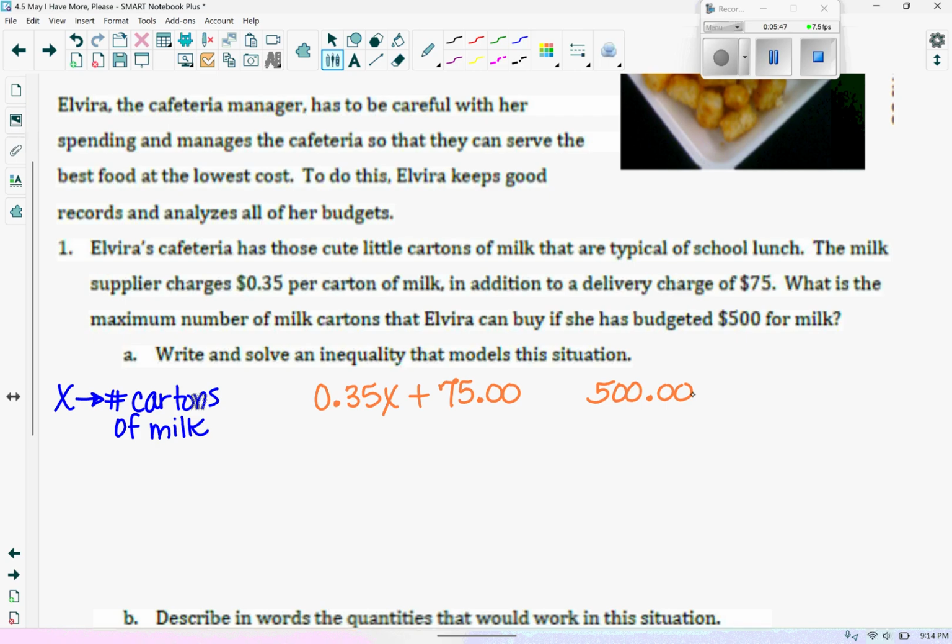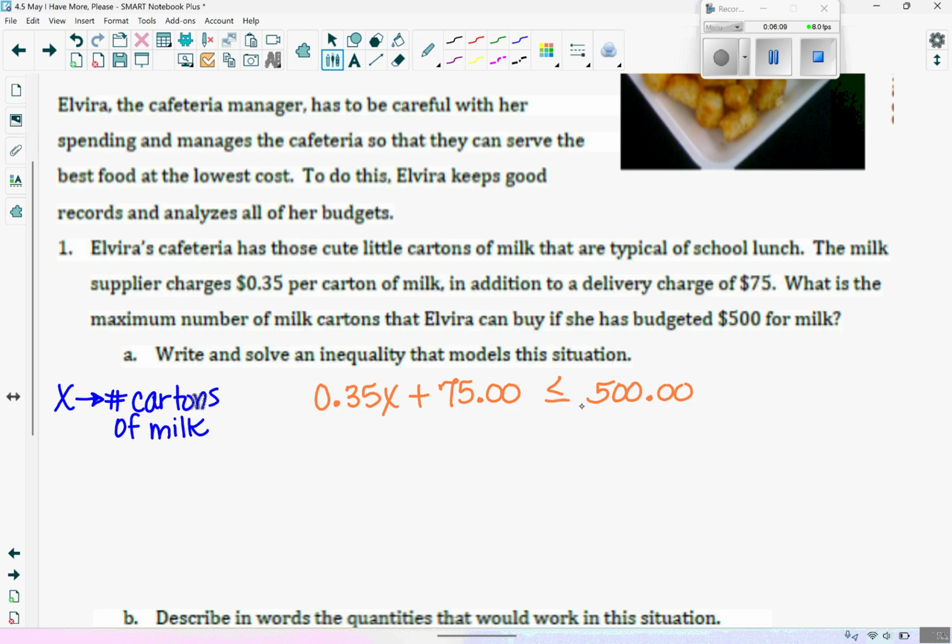So you actually would go over the $500. All right, so what you need to think is when you have a budget, you cannot spend more than that. Okay, so no more than that means that you're going to do less than or equal to.